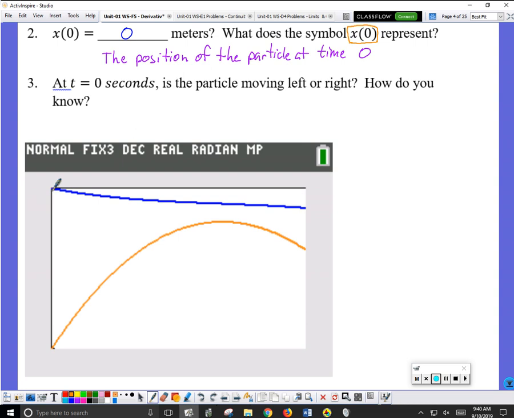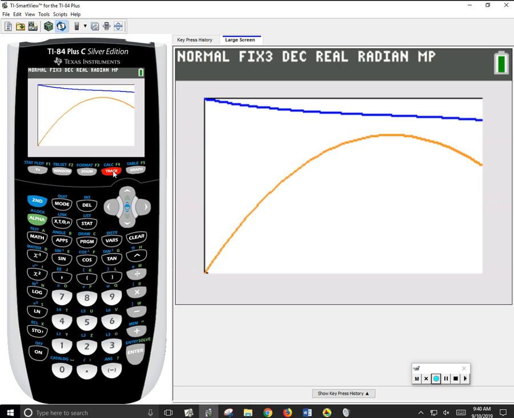The position is 0. If I use the calculator, I can actually see the real numbers. So go trace, go to time equals 0. So at time 0, the position is 0. If I go forward in time, the position becomes -0.049.